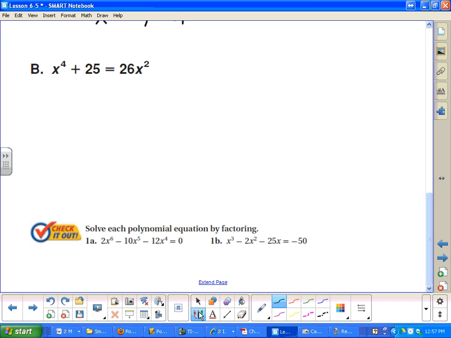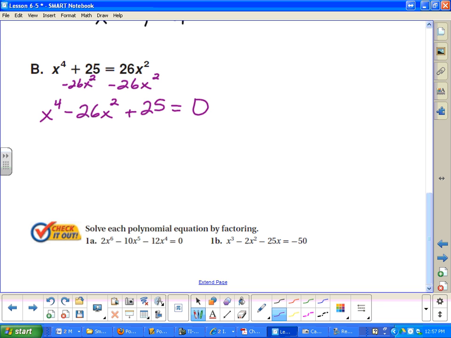Everything has to be on the same side. So I need to subtract 26x squared first. Then when you write it, you need to make sure you write it in standard form. So x to the fourth minus 26x squared plus 25 equals 0.